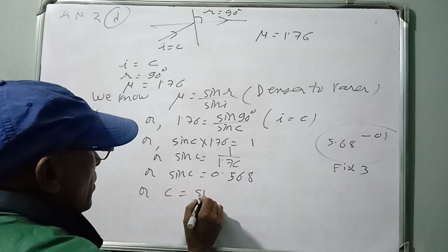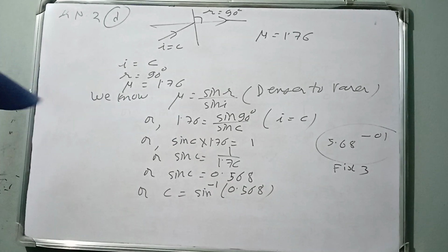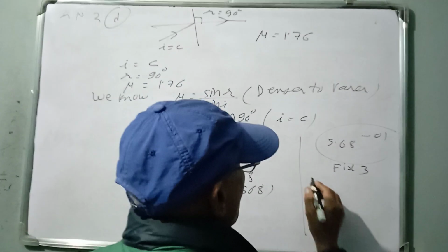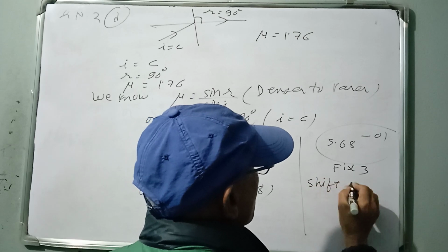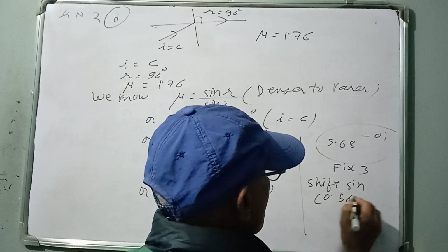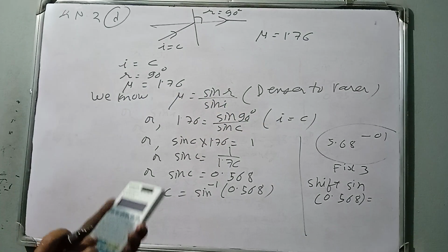Or C equals sin inverse 0.568. Right? Sin inverse, shift sin. I have shown. First write shift, then write sin, then 0.568, then write equal to. How you write?